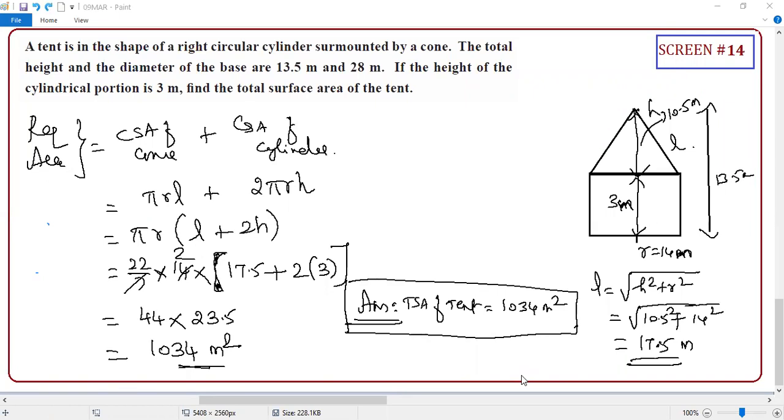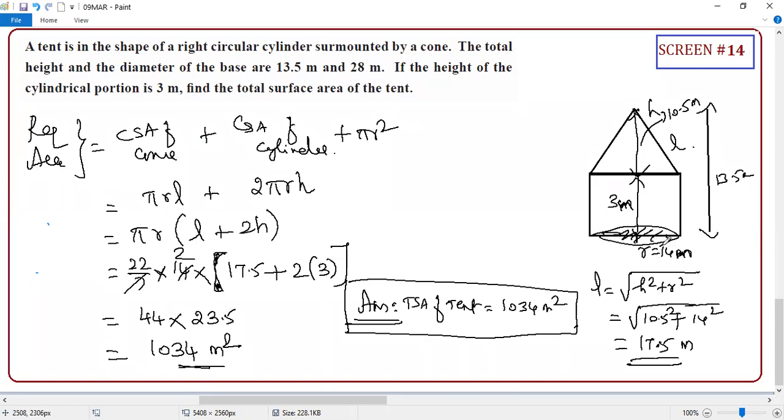Yes, sir. Sir, if we have the base. Yes, a base is not included, right? A tent normally does not have a base. If it is there, then you have to include pi r square extra, student. Because the base is what?